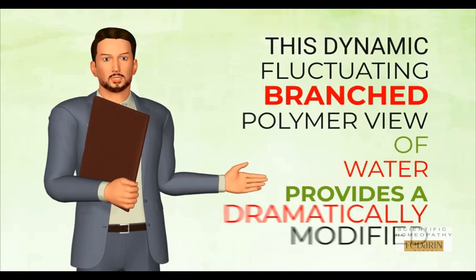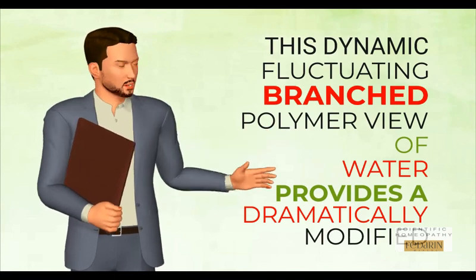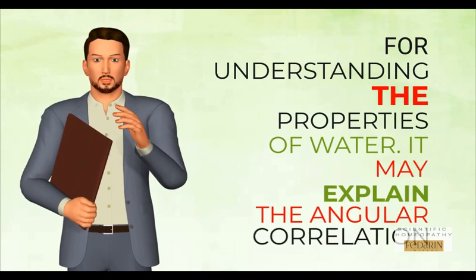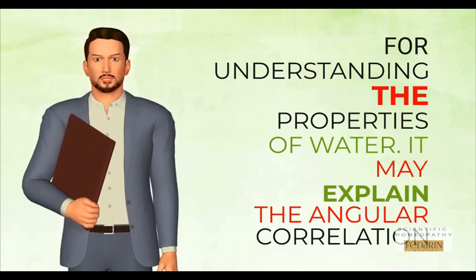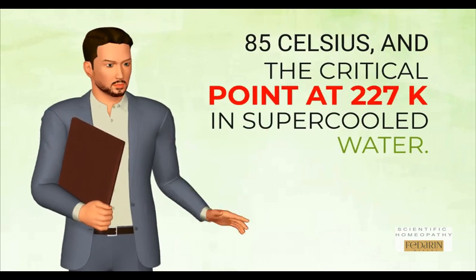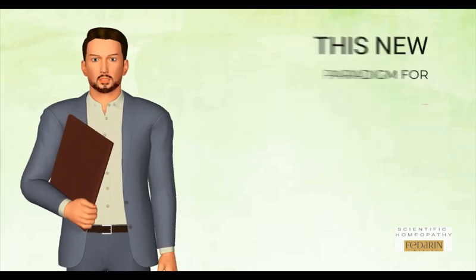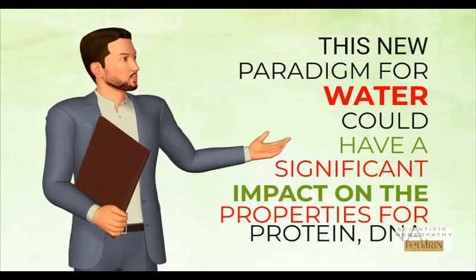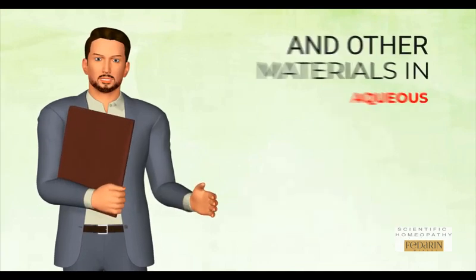This dynamic fluctuating branched polymer view of water provides a dramatically modified paradigm for understanding the properties of water. It may explain the angular correlation lengths at 24.85 Celsius, and the critical point at 227 K in supercooled water. This new paradigm for water could have a significant impact on the properties for protein, DNA, and other materials in aqueous media.